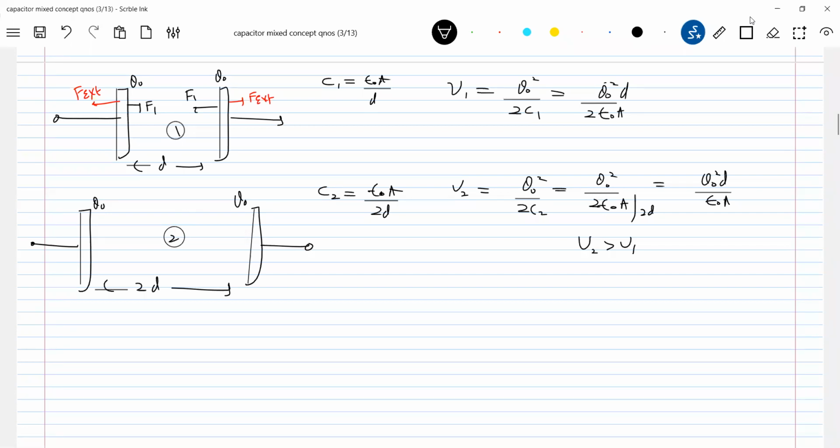So work done by the action agent. Mechanical work. Let me write that mechanical work also. Mechanical work done by the action agent in increasing the separation between the plates.